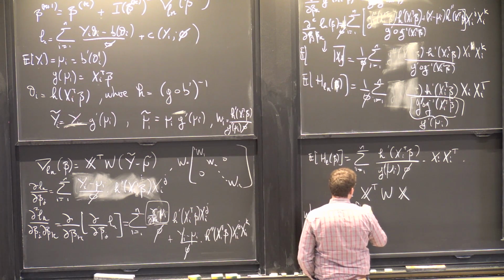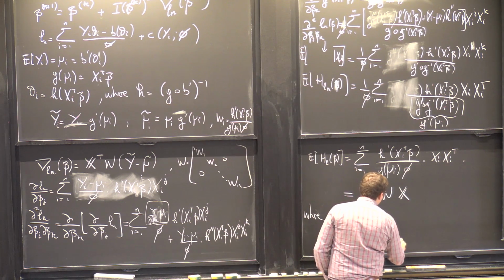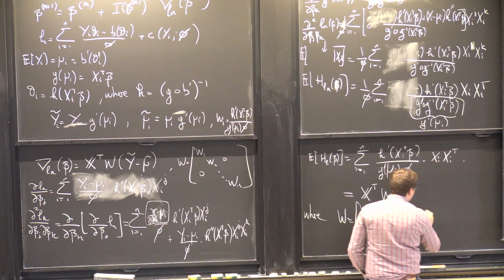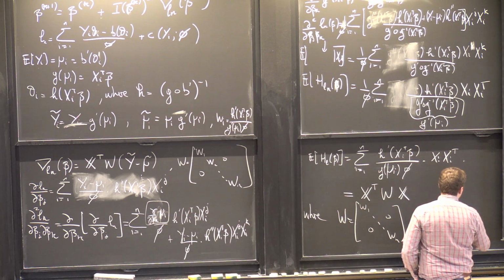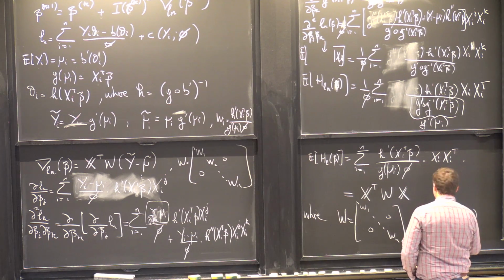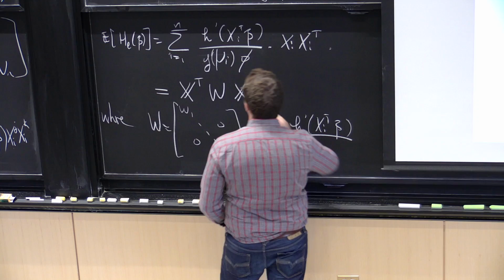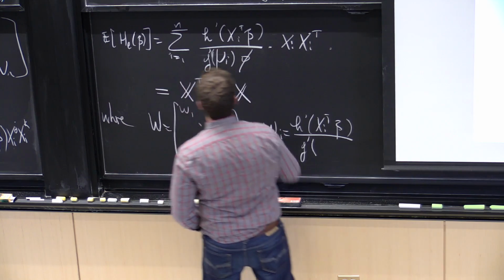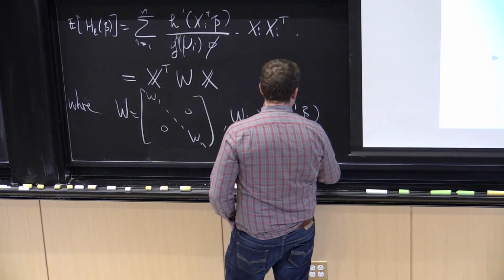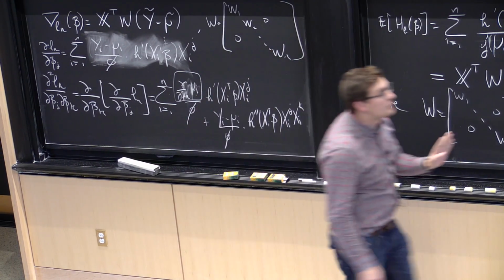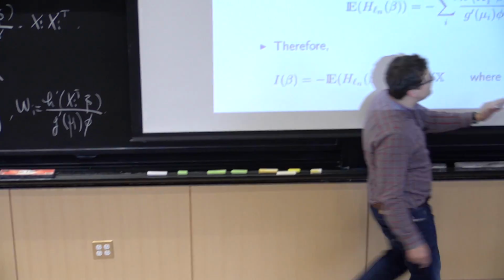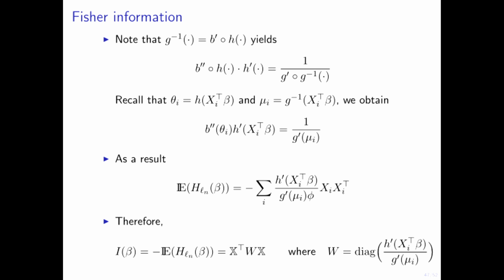So it's w_1, ..., w_n, and w_i is h prime of x_i transpose beta divided by g prime of mu_i times phi, which is the same that we had here. Except that the phi is missing, but it's not there.